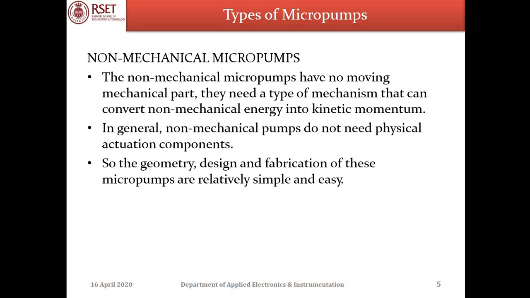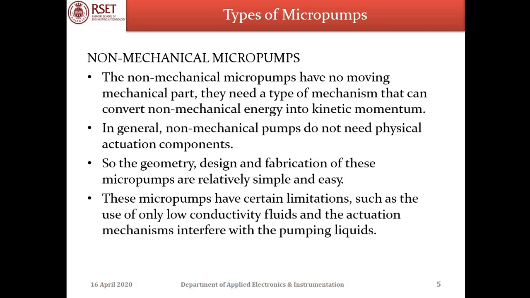That is, the geometry, design and fabrication of these micropumps are relatively simple and easy. These micropumps, however, have certain limitations, such as the use of only low conductivity fluids, as the actuation mechanism may interfere with the pumping liquids.